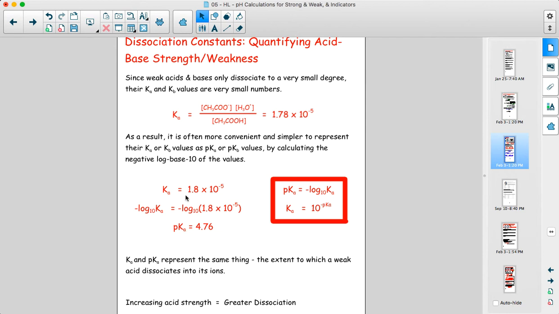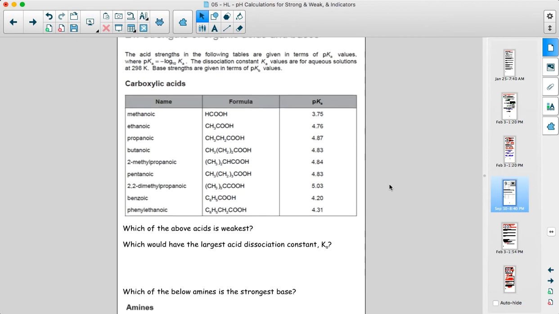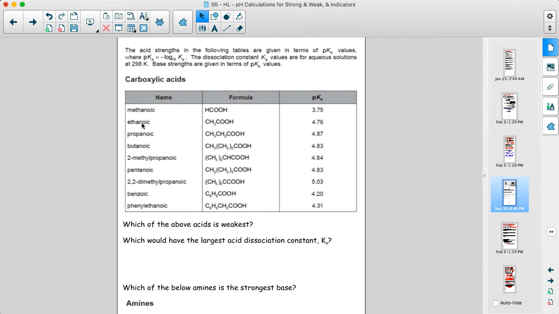So Ka is 1.8 times 10 to the minus 5, I've just rounded off. I take the negative log base 10 of that, and I get that the pKa is 4.76. And that's what I'm going to see in section 21 of the data booklet. So for ethanoic acid, 4.76 is its pKa.